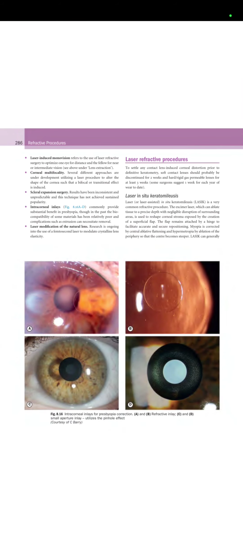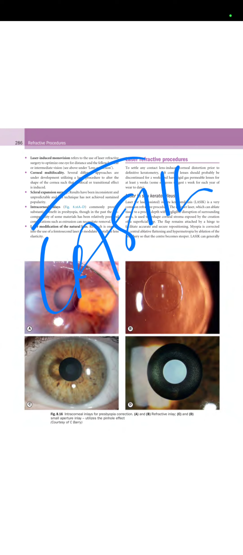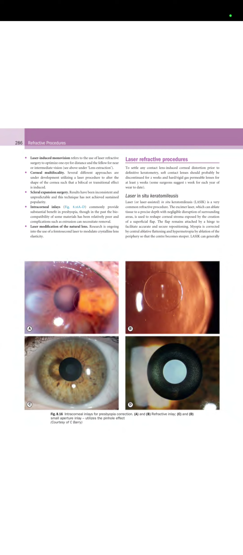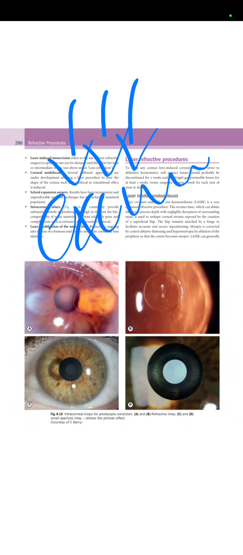So basically, you need to remember what LASIK is. LASIK is basically where you use an excimer laser. What you do is, first you remove the epithelium of the cornea. When you remove the epithelium, you apply the excimer laser. The excimer laser will ablate the cornea.